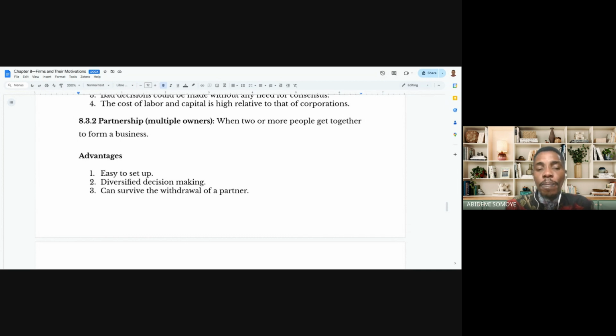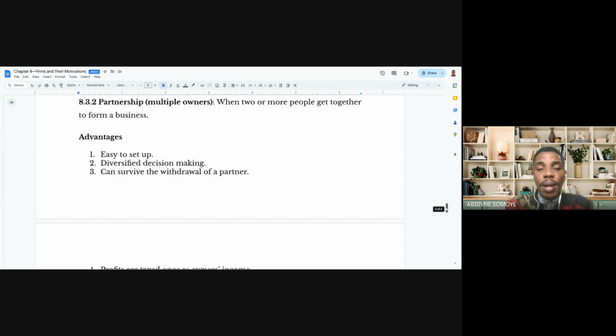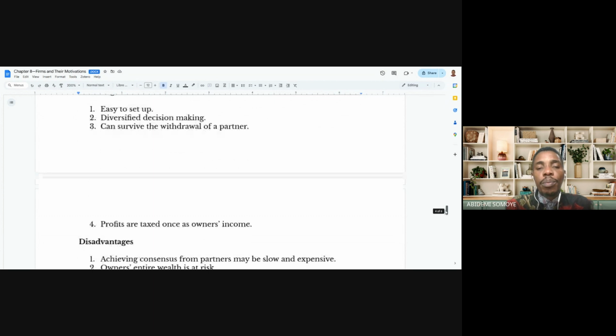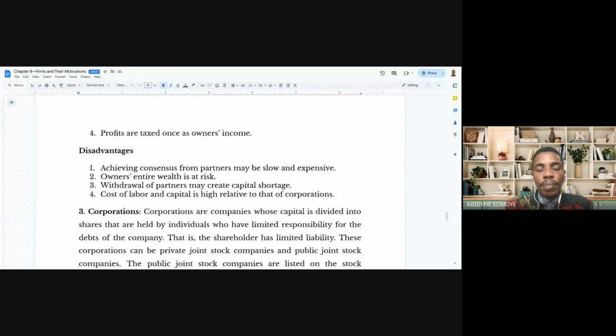So if a partner withdraws from such a business and the partner has a lower percentage in terms of contribution, then that business might survive. But if a partner who has contributed 80% of the starting of that business withdraws, then that business might fail. Profits are taxed as owner's income.